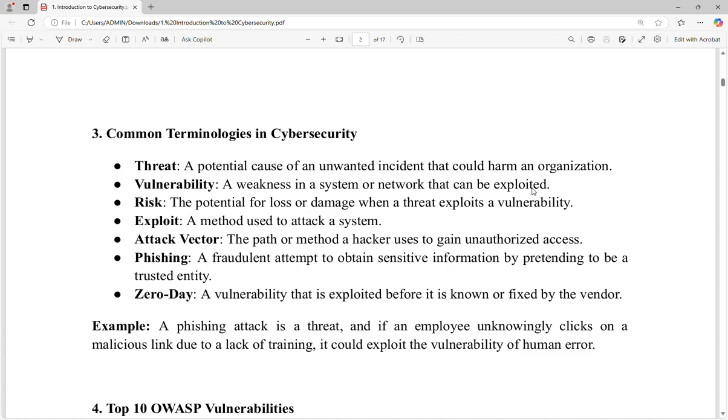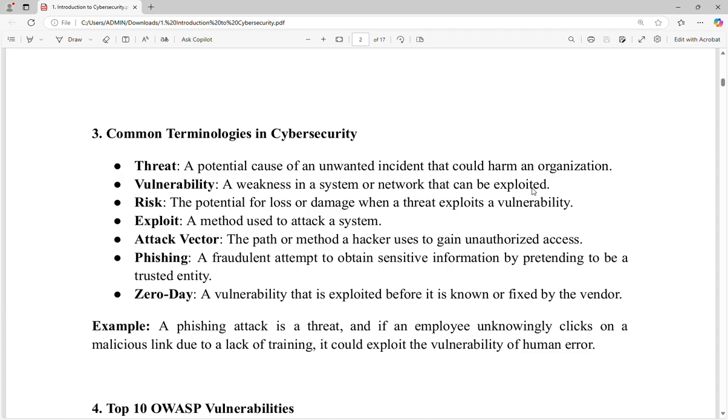The threat actor is the hacker who sees the vulnerability, does OSINT, open source intelligence, and after that exploits it. That is risk: the potential for loss or damage that will be caused when the vulnerability has been exploited.